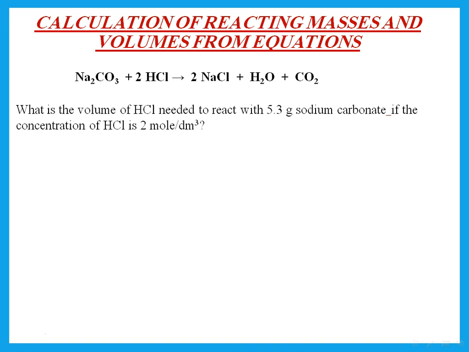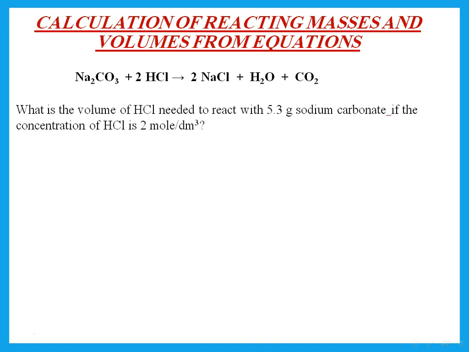Okay, usually he will give you an equation and he will ask something about the equation. So for example, here we have the equation of the reaction of sodium carbonate with hydrochloric acid to give sodium chloride plus water plus carbon dioxide gas. Now, what is the volume of HCl needed to react with 5.3 grams of sodium carbonate if the concentration of HCl is this?